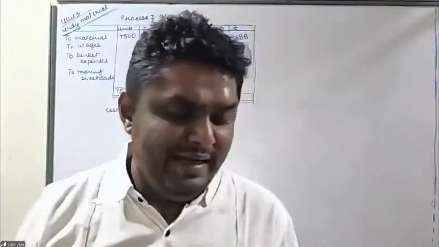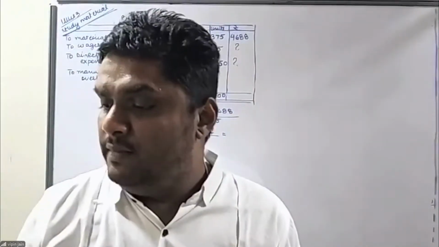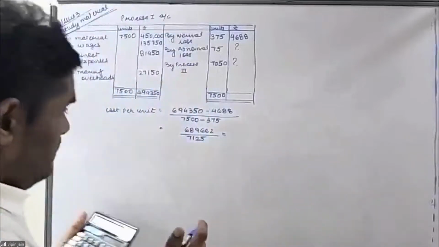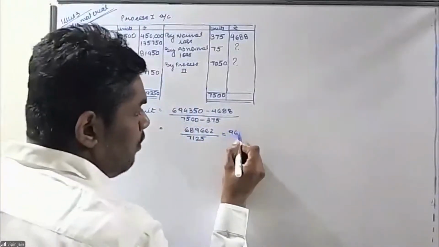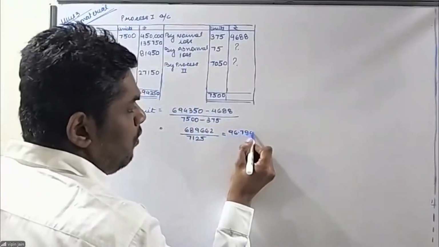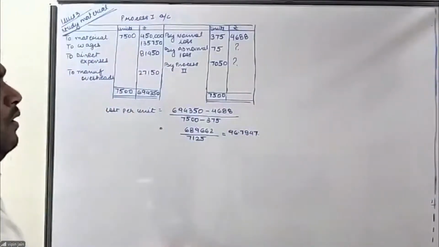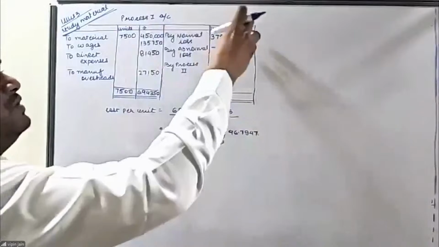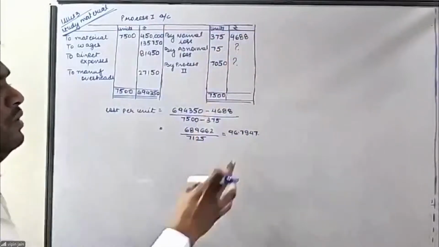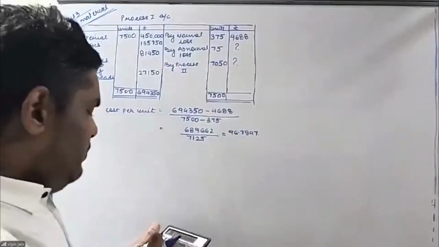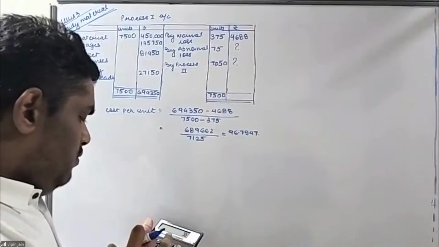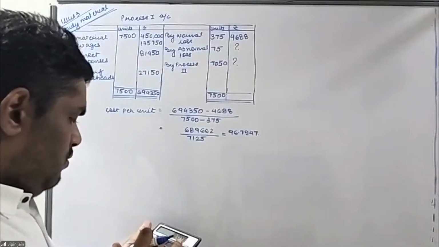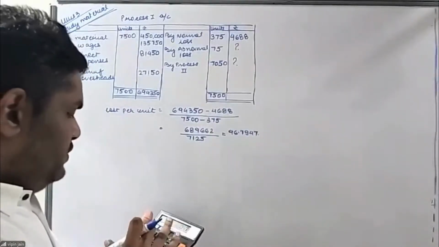So this will be 96.7947. Ultimately, in short, we are distributing this total cost minus normal loss among these two. So 96.7947 into 75.